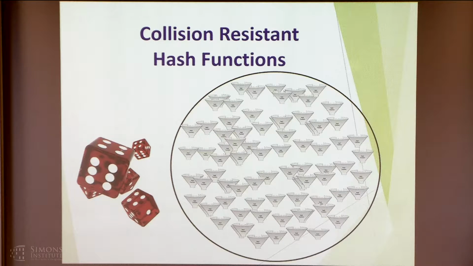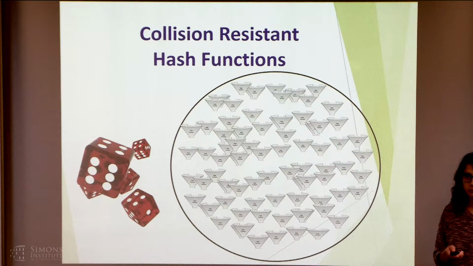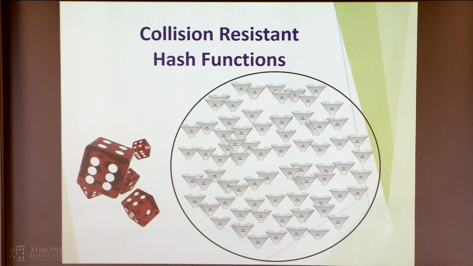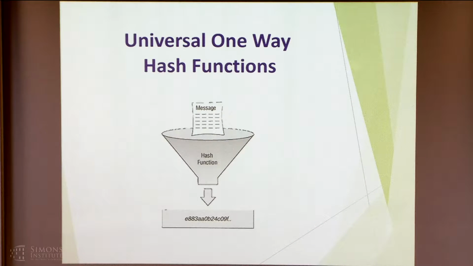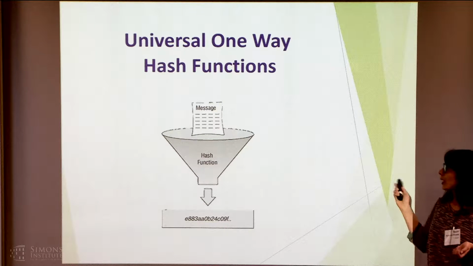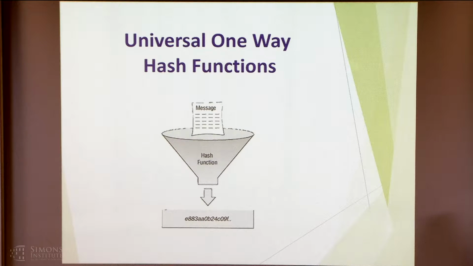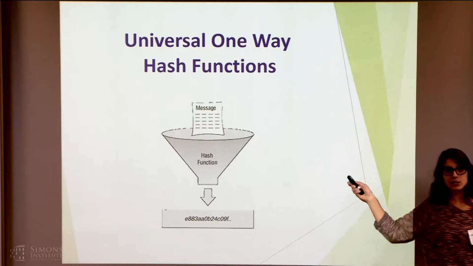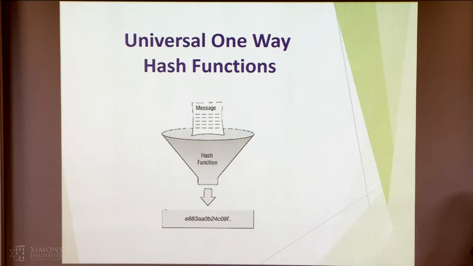And against non-uniform adversaries, we allow this function to be picked at random, right? Because otherwise, a non-uniform adversary could just output a fixed collision. We're also going to talk about universal one-way hash functions, where one of the inputs is picked at random. Okay, but in this talk, when I say hash function, I refer to collision resistant by default.